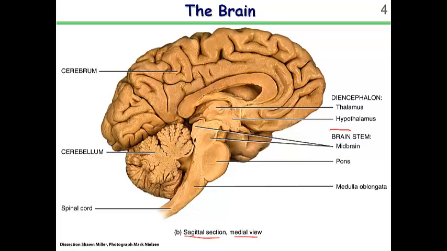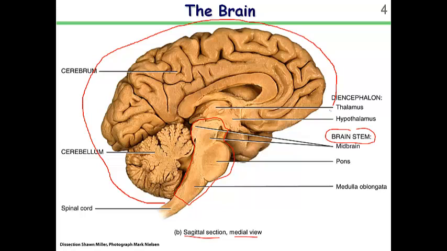Here we have the brain stem. If I were to encircle it, it's basically this region here. That is your brain stem. Notice it's attached to the spinal cord, so your skull would begin here. And your skull would come around and protect that brain.